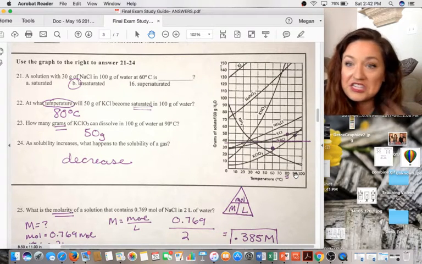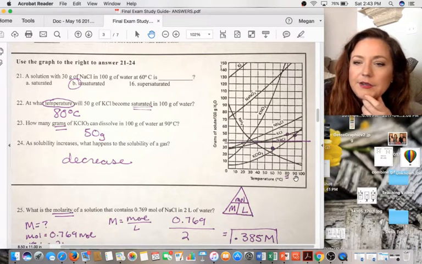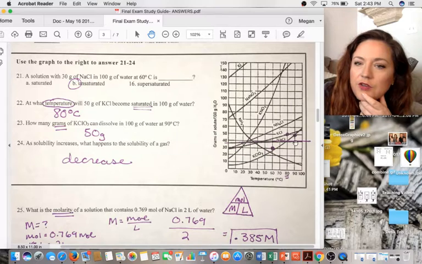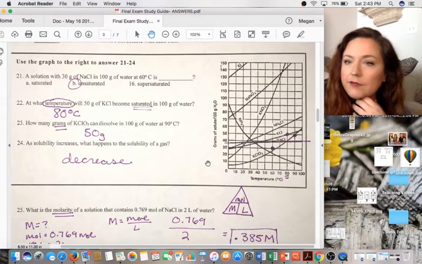That's just saying it's this graph. So you're on the right graph. All right, so you're at 90 degrees Celsius, and you just go straight up till you find the point in which KClO3's line intersects, which happened to be at 50 grams. So I have another mark right there. So I just write 50 grams.